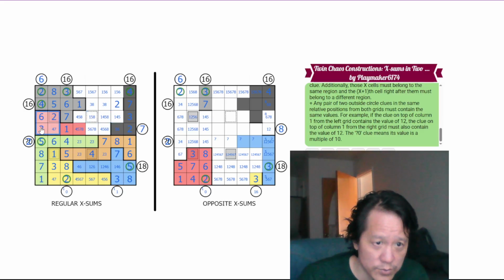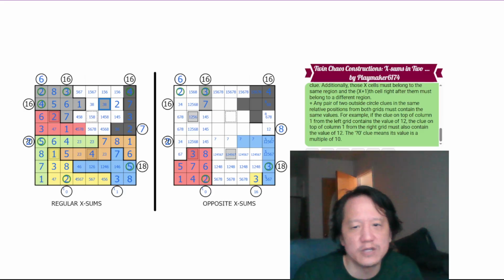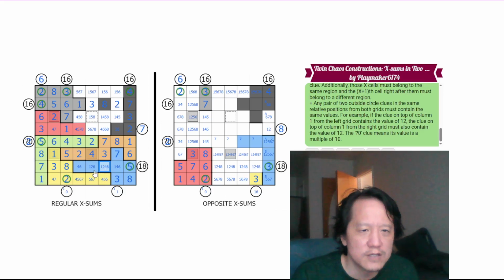We have 1, 2, 3, 4, 5, 6, 7, 8, and 9. No, cannot go 3 this way. So it's either 3 this way or 3 this way, which means this is dark, which means this has to be an 8. Because it can't be 3 because of 3 in the box, that makes that 3, which means this can't be 3, that's 2, which makes this 3, which makes that 2, which makes that 3.